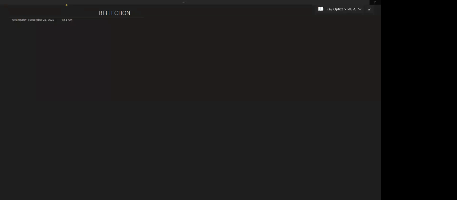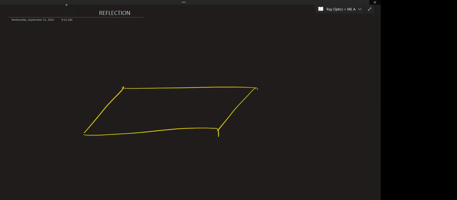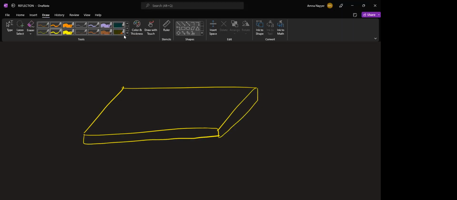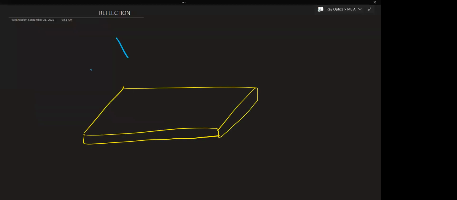Now see, what phenomena occur if a light strikes a surface? For example, this is a surface. Now, if a ray of light is incident on this, this is the incident ray.